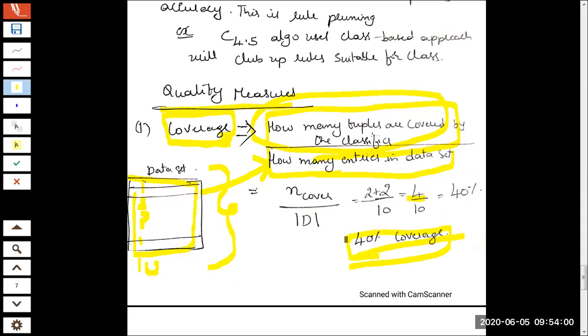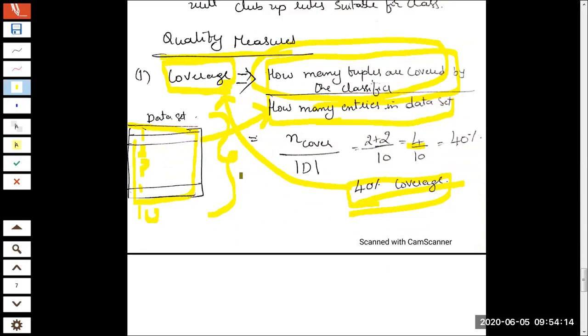So this we call it as coverage. Put it in other words, out of the 10 records, your classifier is able to cover 4 records or identify 4 records. It is something like, for example, you consider 10 students are seated in a classroom, and out of those 10 students, I can only recognize 4 students.